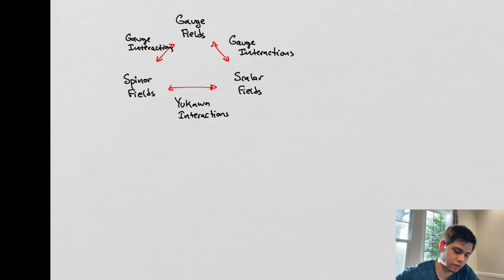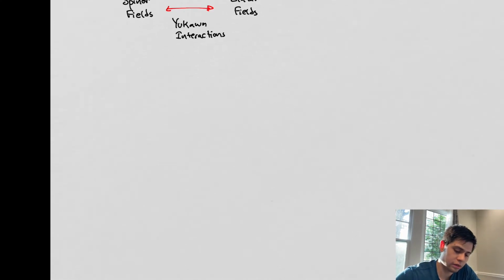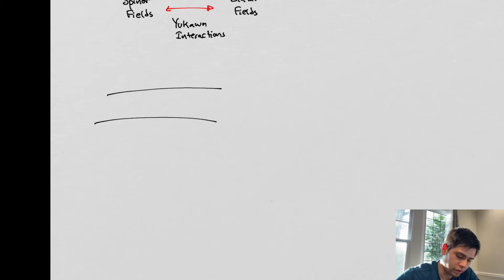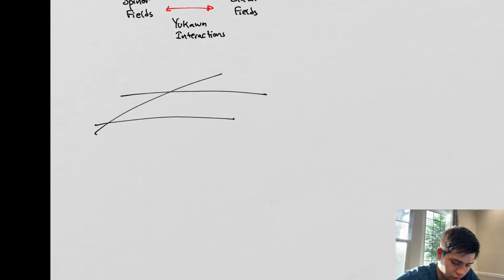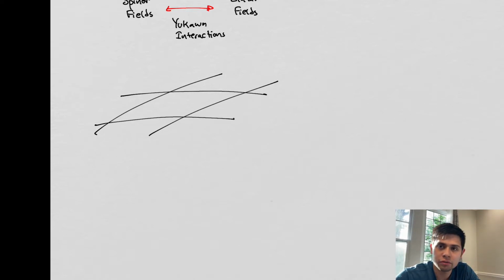So let's talk about the idea behind this really quick. Suppose we had a field, and I'm drawing this out like I normally always do. I have this field, and at every point in the field, like we've had up until this point, we've been talking about scalars, spinors, vectors, and you can talk about tensor fields and so forth.